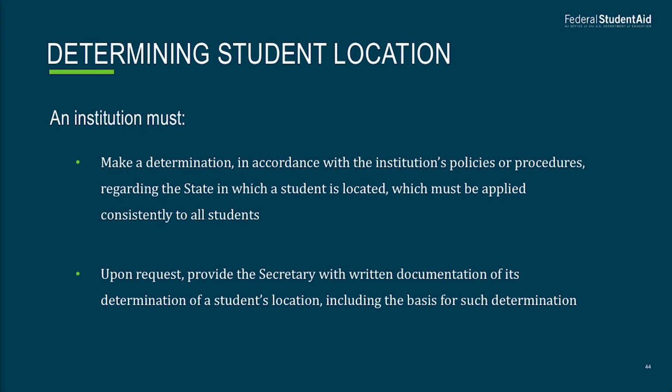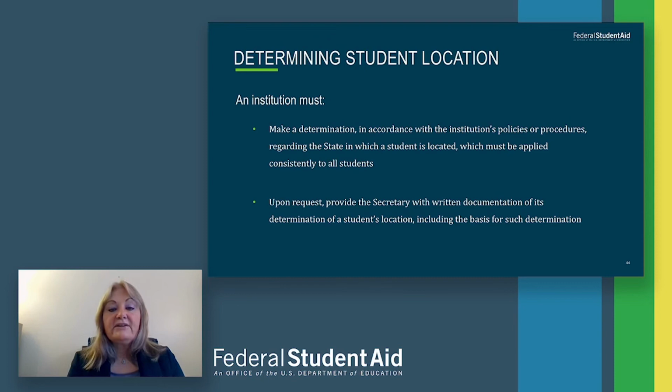Institutions must consistently apply their policies and procedures regarding student location to all students, including students enrolled in brick and mortar programs. And upon request, institutions must provide the secretary with written documentation of its determination of a student's location, including the basis for such determination.